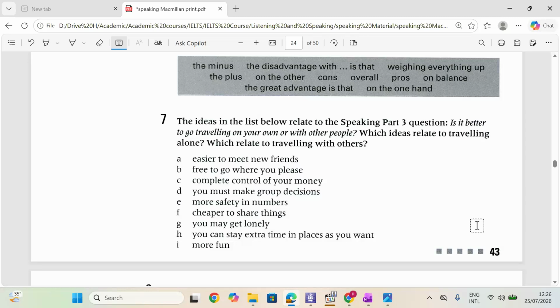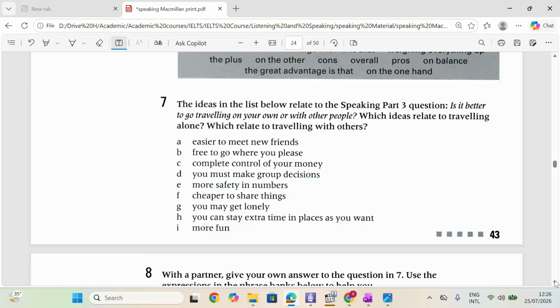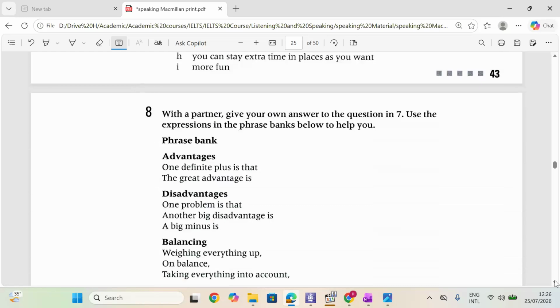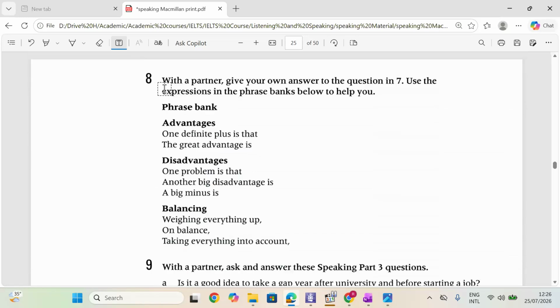Okay, thank you. Again, is it better to go traveling on your own or with other people? I need you to give your answer, but structure your speech the way it's structured in exercise 8. Let's have a look at exercise 8 and see the structure of the speech. In exercise 8, you start with advantages, then you talk about disadvantages and a conclusion.